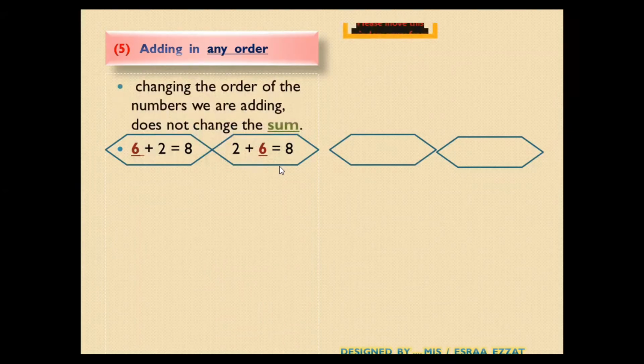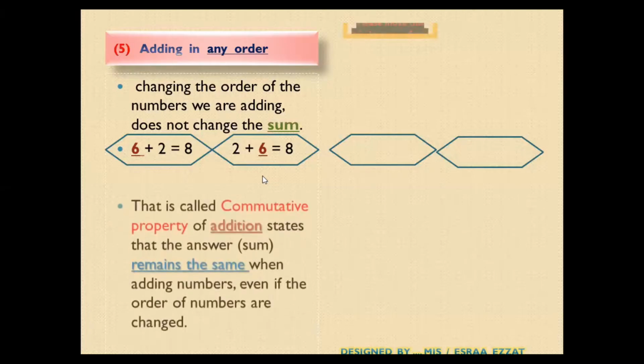So changing the order of the numbers we are adding doesn't change the sum. If you write 6 at first and then add 2 to 6, you get the same result as when you write 2 at first and then add 6 to number 2.